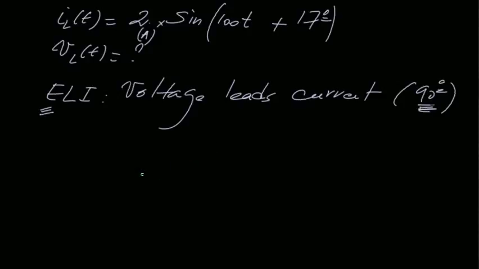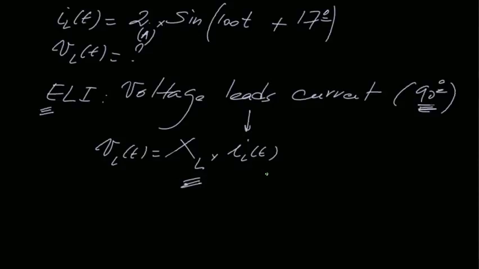All right. So if I have the current, what is VL of t? Well, VL of t is simply XL times IL of t. This formula is not 100% true. You have to always include the difference of phase, right?